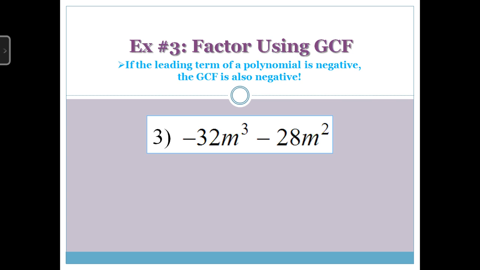So here we go. Example number 3. Factor using the GCF. If the leading term of the polynomial is negative, the GCF is also negative. So go ahead and copy that down.